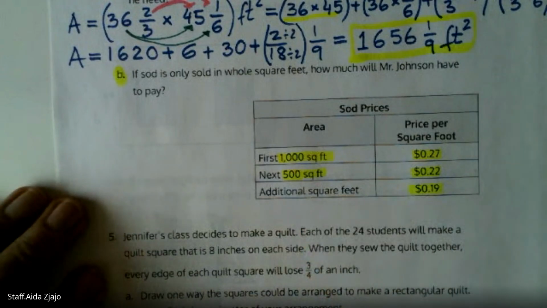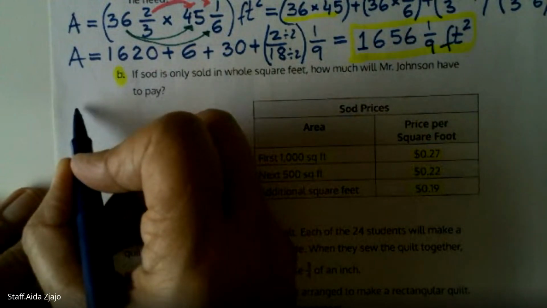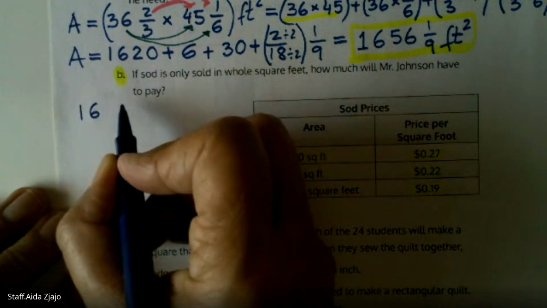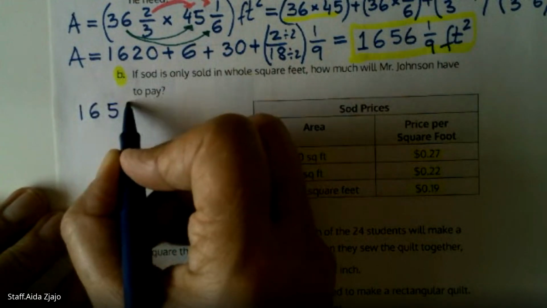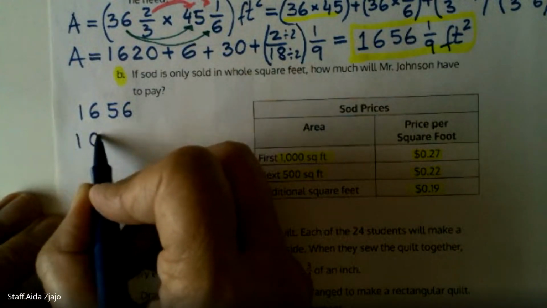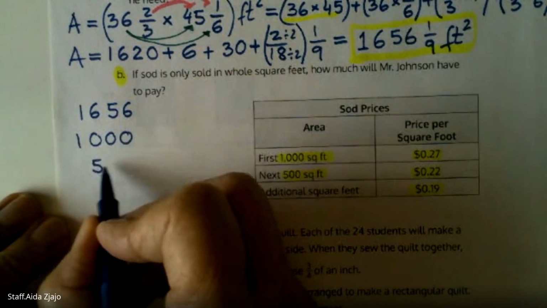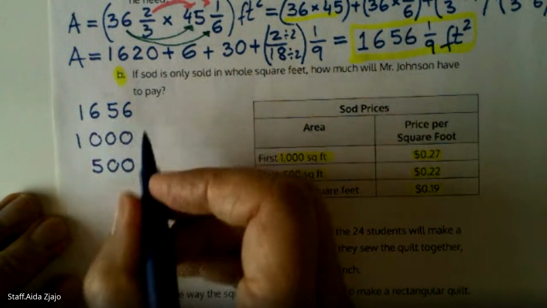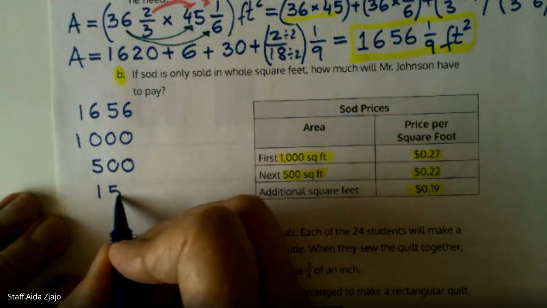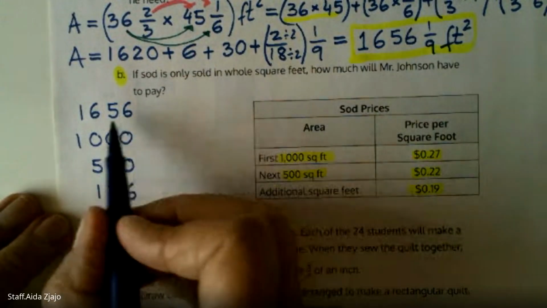So when we do that, we know this was 1,656. So we can think about first 1,000 and then 500 and then what is left, 156.